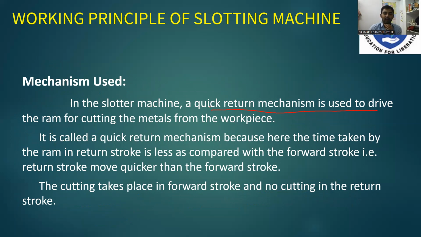It is called a quick return mechanism because the time taken by the ram in the return stroke is less than the forward stroke; it moves quicker than the forward stroke. The cutting takes place and there is no cutting in the return stroke. The mechanism used in the slotting machine is the quick return mechanism.